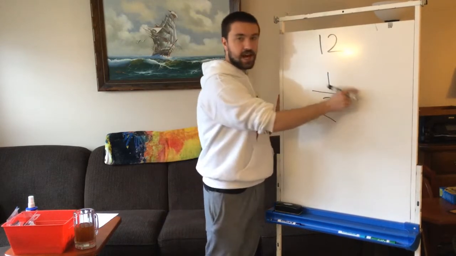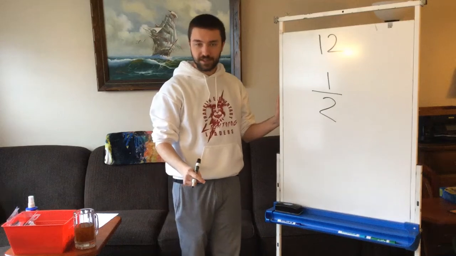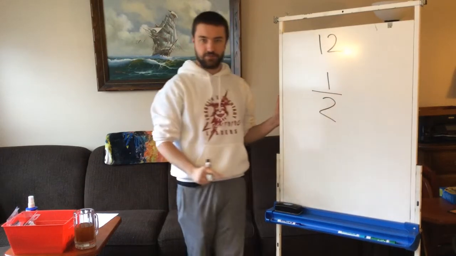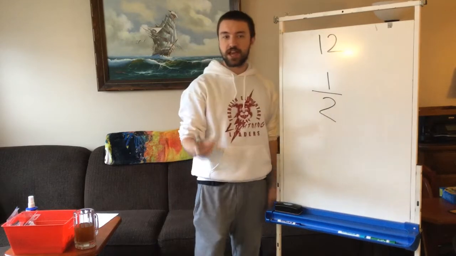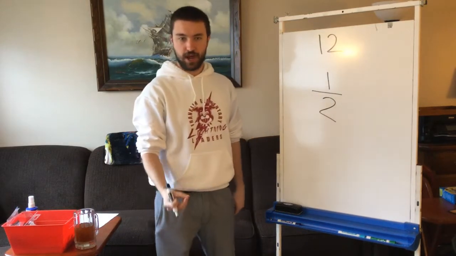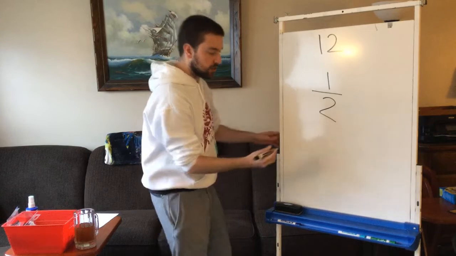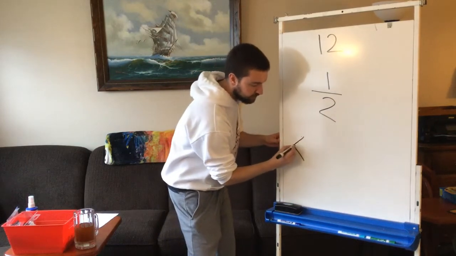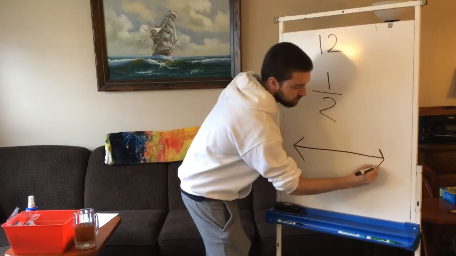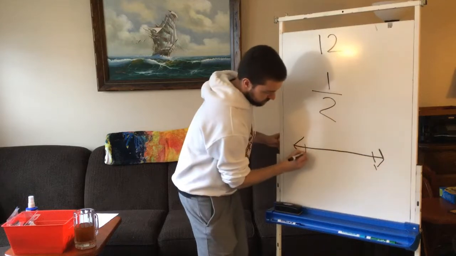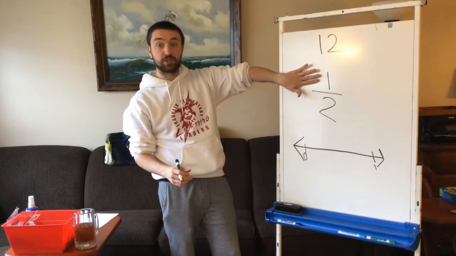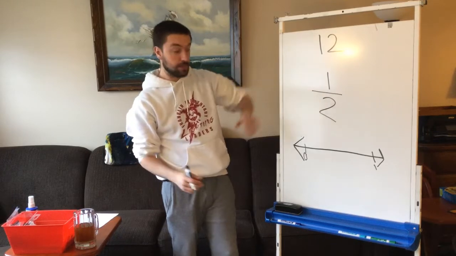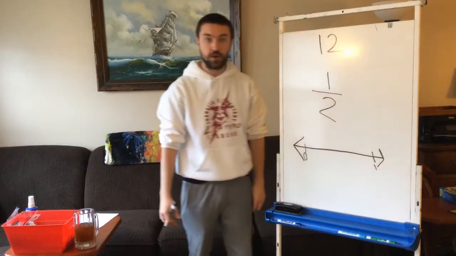The 1 on the top represents something. The 2 on the bottom represents something. But the thing that they represent is what's hard about fractions. Because if we were to think about a number line, especially if the number on the top is smaller than the number on the bottom, we're talking about between 0 and 1.